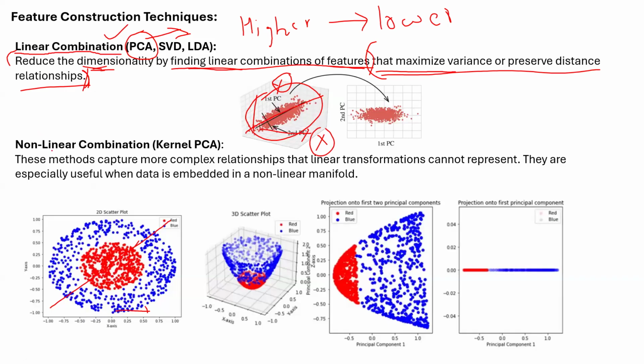Now if you look at these non-linear cases, you cannot apply linear combination. For non-linear combination, you have to apply some other technique. We call them non-linear techniques, but just see this intuitively. The whole target for now is to separate these two variables. We have to separate the red dots from the blue dots. Let's suppose all the blue dots are dogs and all the red dots are cats.